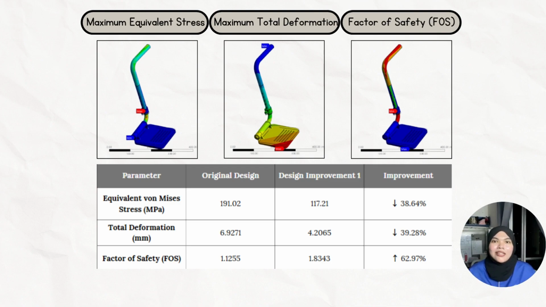Overall, increasing the thickness of the main upper tube successfully reduced stress and deformation while improving the factor of safety, making design improvement 1 structurally stronger and safer than the original design.